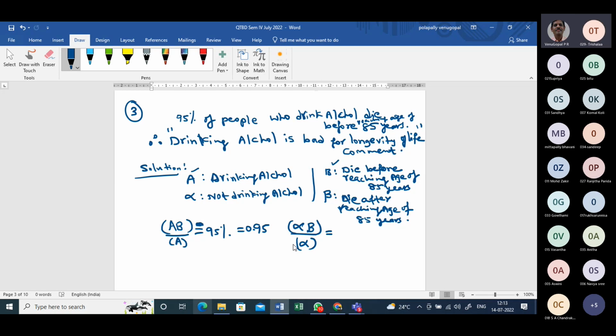Considering the total of 100, should we think it is 5%, sir? The ones who don't drink alcohol and die after 85. Or should we say proper information is not given and we cannot proceed? I say information is not available.